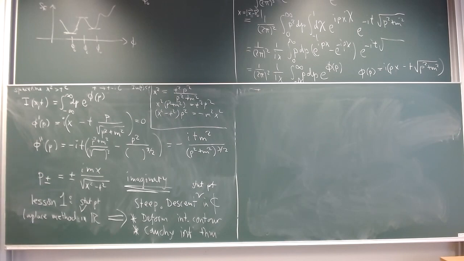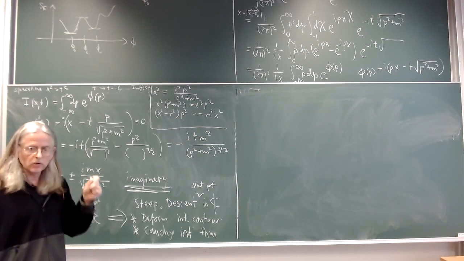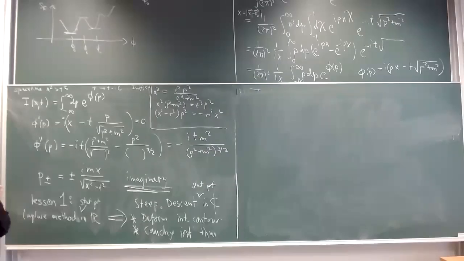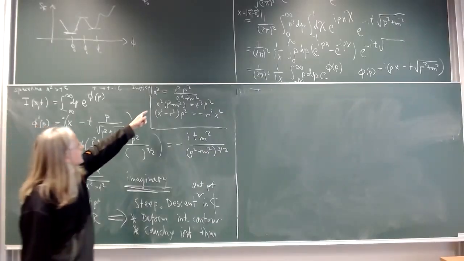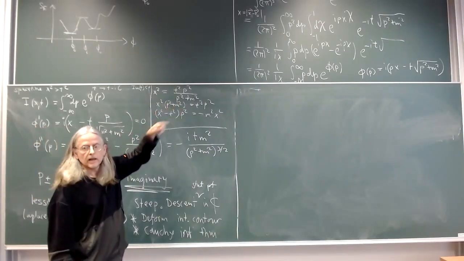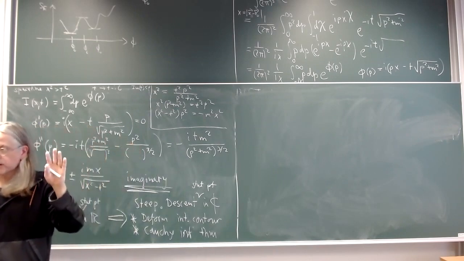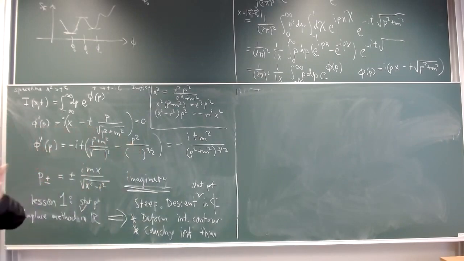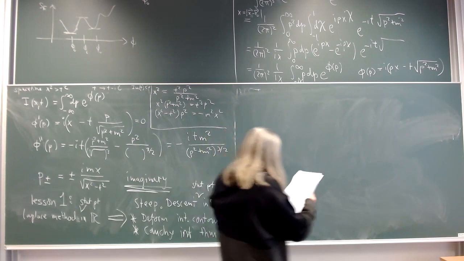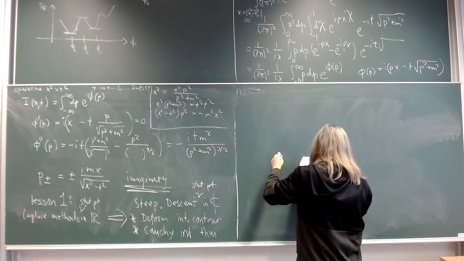Here, this is trivial manipulation, so I'm just going to write down the answer. The only thing which is non-trivial is that I had to square the equation, and therefore I have to worry that I introduce different signs and square root. I have to check that. And when you do it, then after the dust is settled, you get the following.